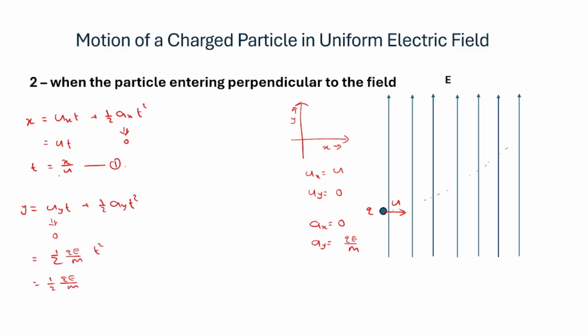I can substitute the value of t from equation number 1, that is x upon u, whole square, or this will be equal to qE upon 2mu square times x square.